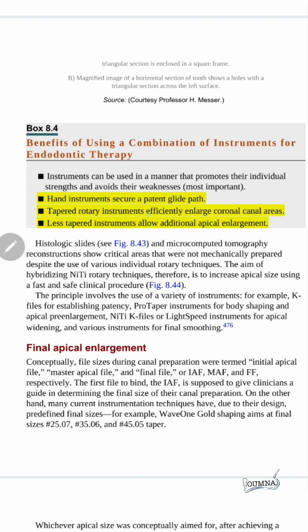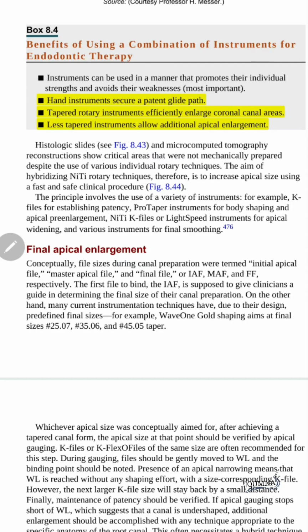The hand instruments secure a patent glide path, and the tapered rotary instruments efficiently enlarge the coronal canal area. These tapered instruments allow additional apical enlargement. So we do the apical enlargement first with manual instrumentation, and we do the glide path with the manual instrumentation. But to get this tapered final result, we use the rotary files.